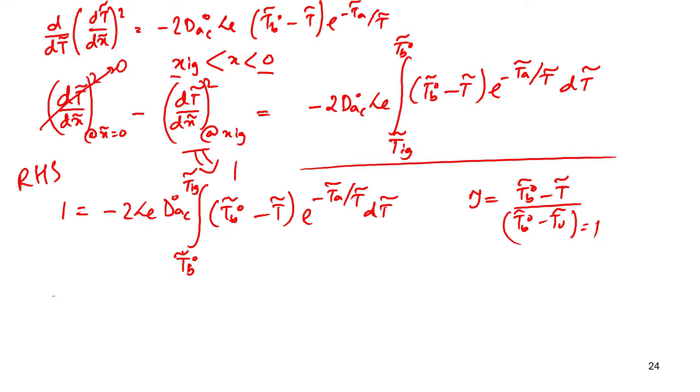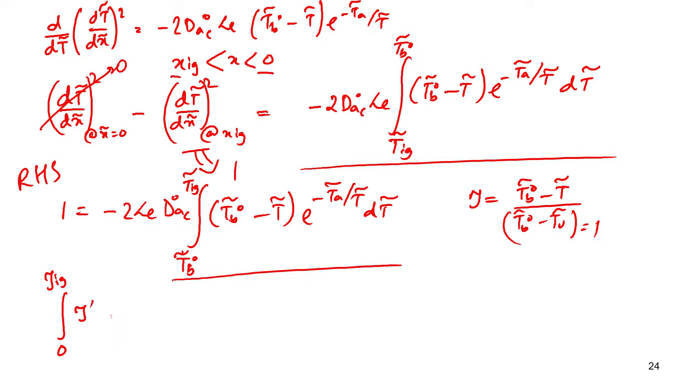If we just consider this integral, then it goes from 0 to t_b0 tilde minus t_ig tilde, which we will represent as tau_ig.